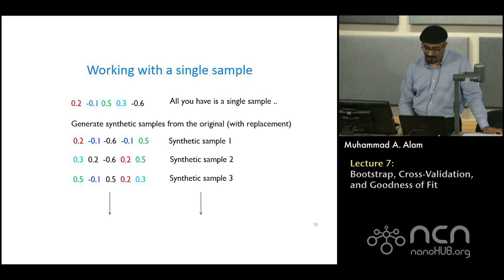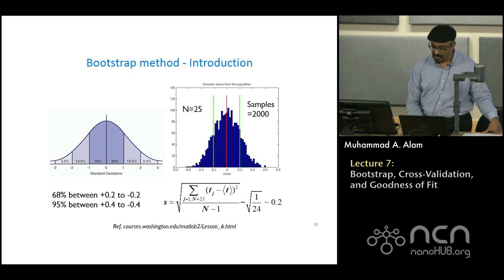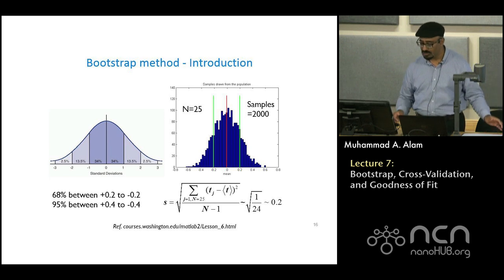So that's the idea. The remarkable thing is that if you really had the entire US student population, and let's say you took 25 and did 2,000 samples, and then you made a distribution. Let's say you get a sigma of 0.2. This is the giant distribution, where you have all the data.